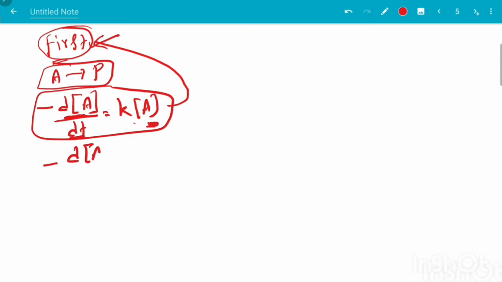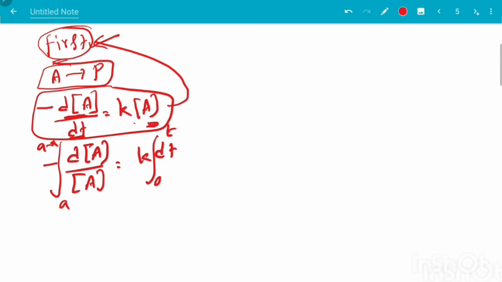Minus dA by A equals K into dt. Upon integration on both sides, the limits are A to A minus x, and the time limits are 0 to t. Here integration of 1 by x dx equals ln x.